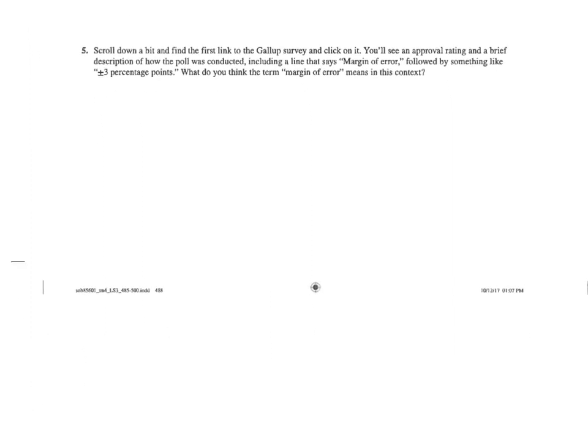All right, so number 5, it says scroll down a bit and find the first link to the Gallup survey and click on it. You'll see an approval rating and a brief description of how the poll was conducted, including the line that says margin of error, followed by something like plus or minus 3 percentage points. What do you think the term margin of error means in this context?